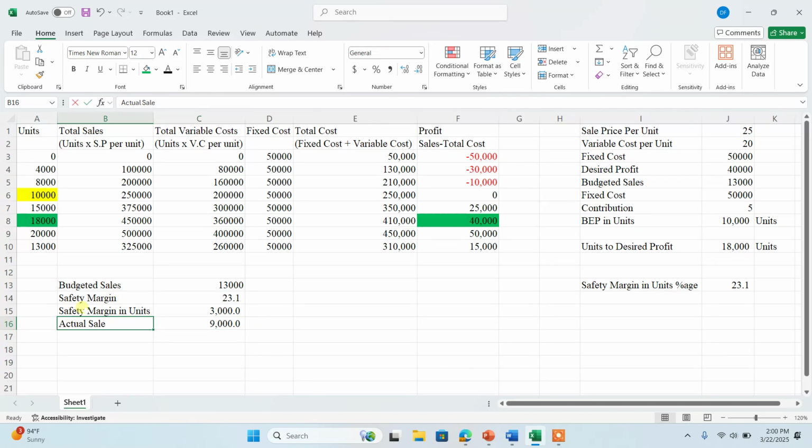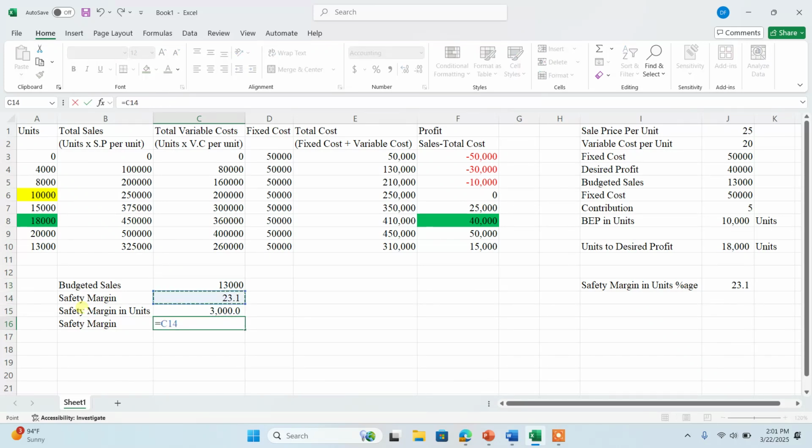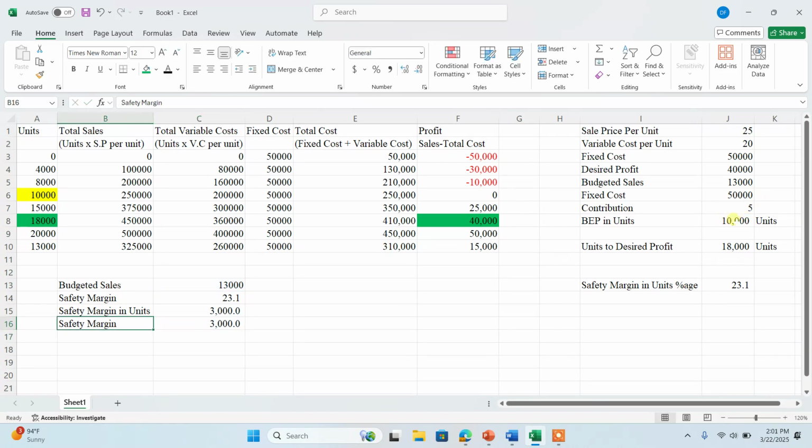Formula for the safety margin in units: budgeted sales minus the break-even point. If you know the break-even point, you can do it like this, so the safety margin is 3,000.